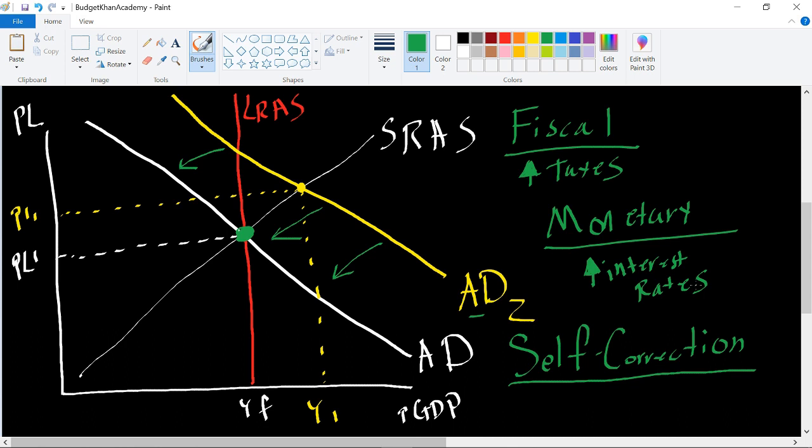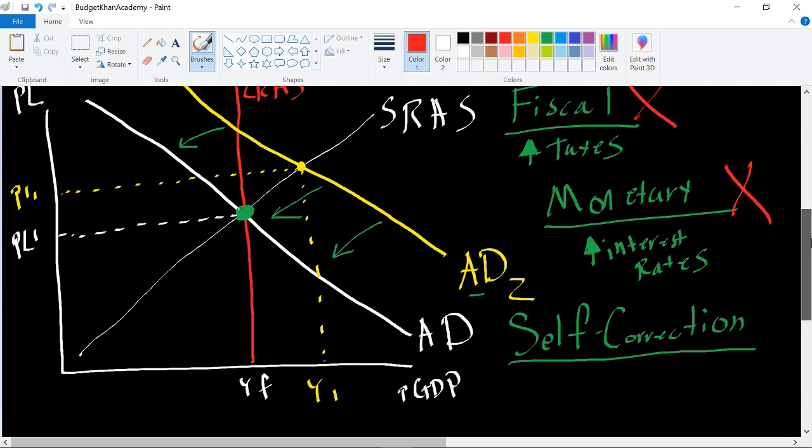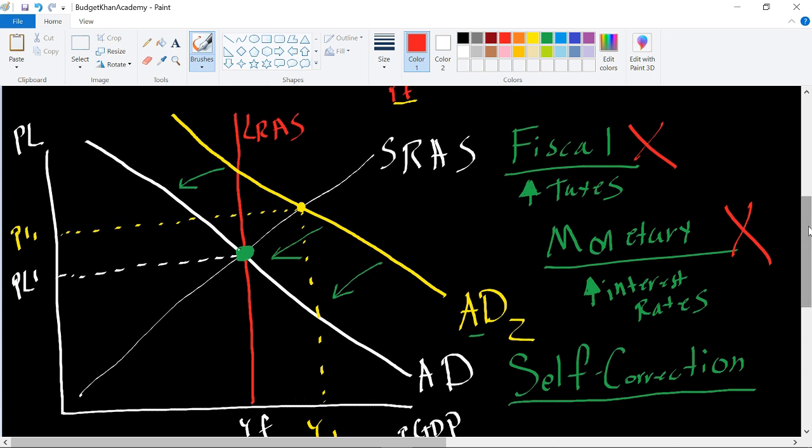And it is the absence of fiscal policy and monetary policy. So self-correction will only happen if we decide not to mess with taxes and not to mess with interest rates. Let's leave everything alone. Let's take no action, and let's see what happens.